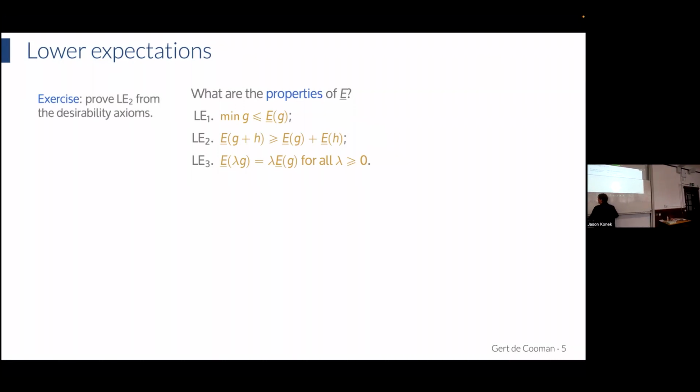That tells us that the lower expectation of 0 is equal to the lower expectation of G plus the lower expectation of minus G, and this for all G. The lower expectation of minus G is minus the upper expectation of G. So this is 0. This tells me that the lower expectation is equal to the upper expectation for all G.